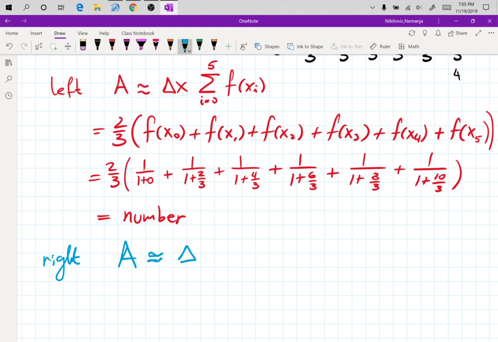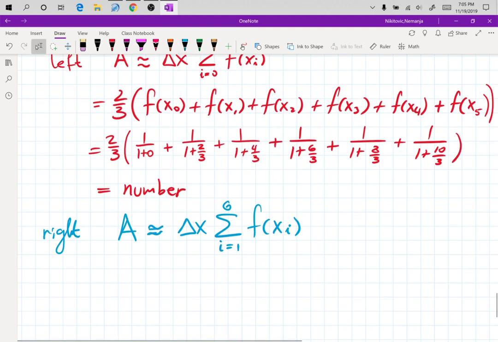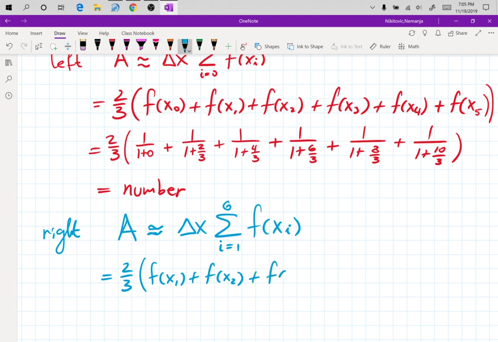Now the right is going to have the same, similar. It starts at 1 and ends with 6 for the f of x i's. So pretty much the same deal. 2/3, and now the first one is f of x1 plus f of x2 plus f of x3 plus f of x4 plus f of x5 plus f of x6.